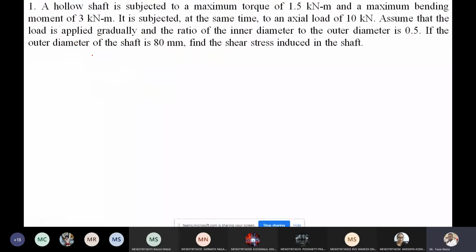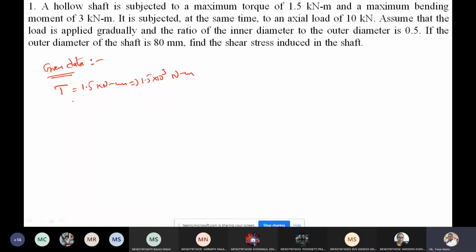Now based on the fifth case, see that the hollow shaft is subjected to maximum torque. First write down the given data. A hollow shaft is subjected to maximum torque of 1.5 kilonewton meter, so convert into newton meter, 1.5 into 10 power 3 newton meter.